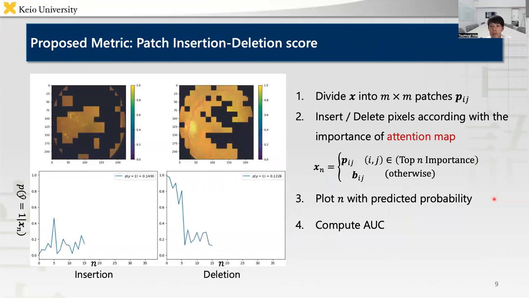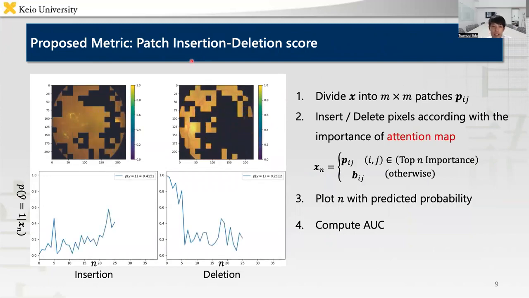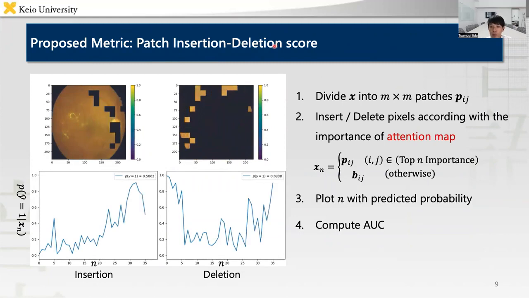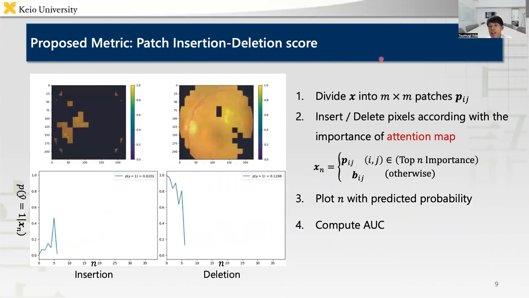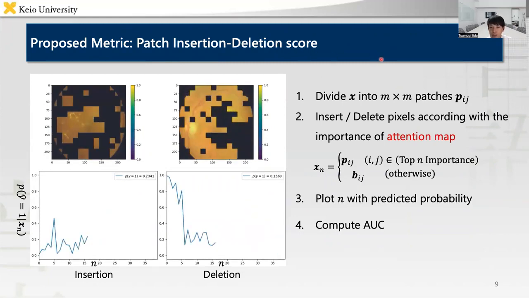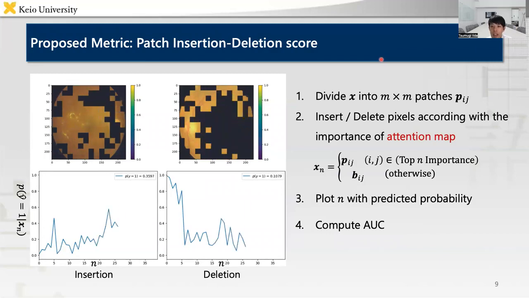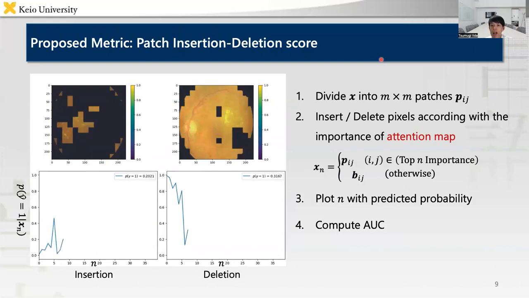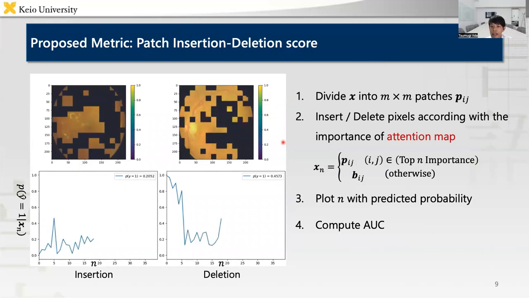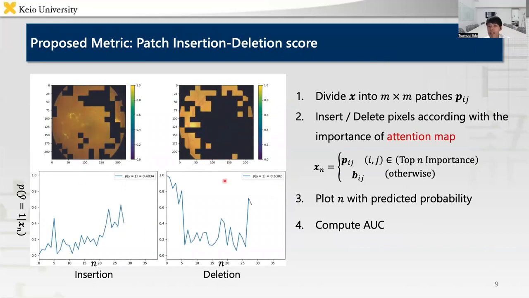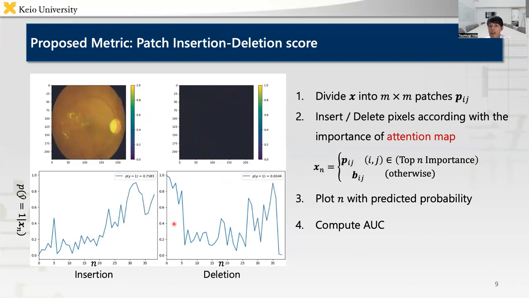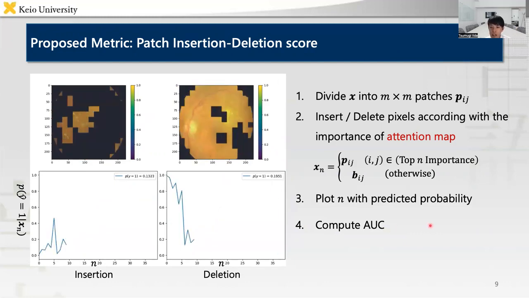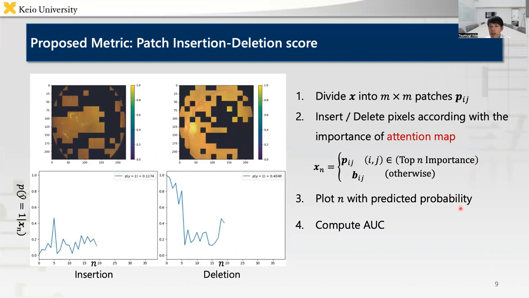Given this background, we propose a patch insertion deletion score, PID for short, as a new evaluation metric for explanation. The PID score is a patch-based insertion deletion method. This video shows the insertion deletion process of the PID score. The PID score is calculated by the following process.